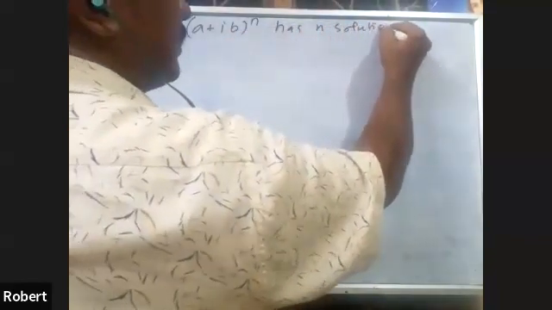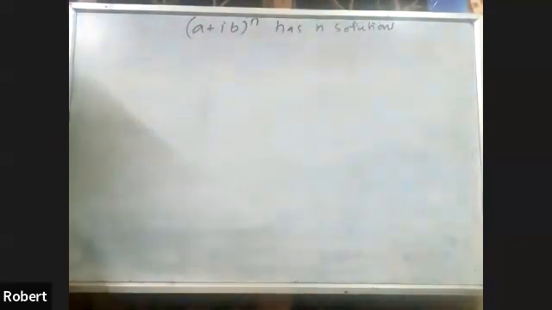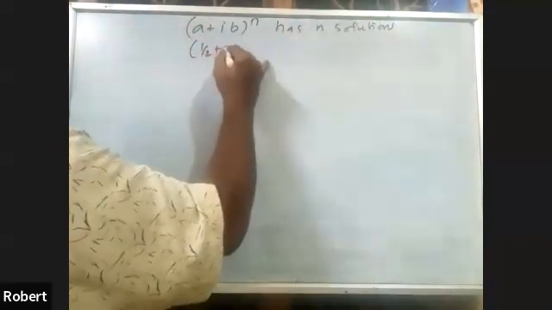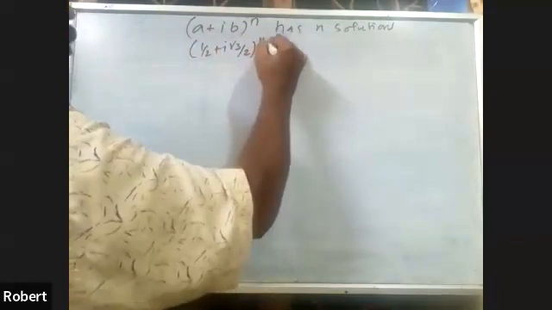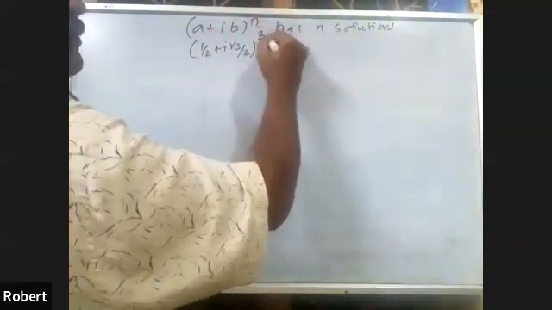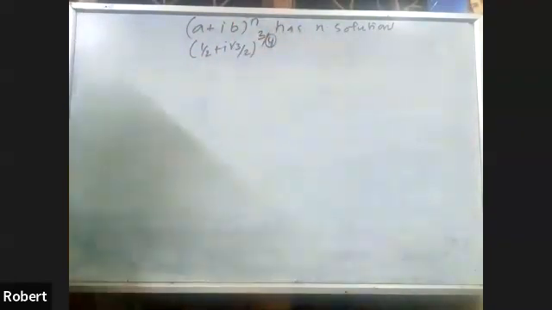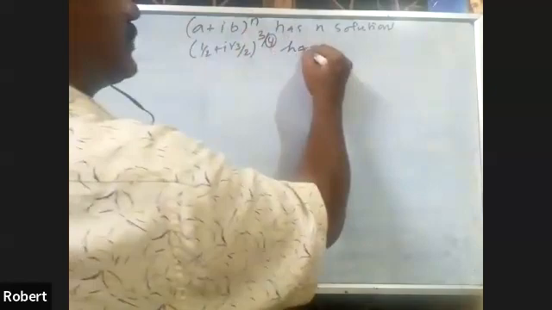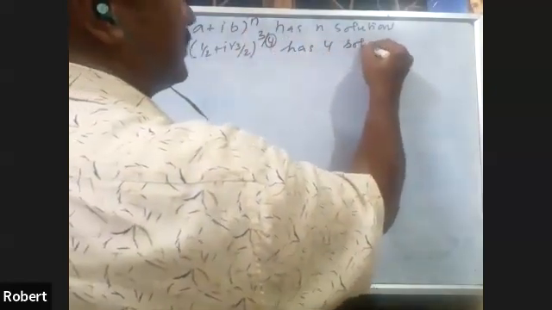Suppose we have the complex number 1 by 2 plus i root 3 by 2 whole power 3 by 4. If the power is given as a rational number, we have to consider the denominator. The denominator is 4, so it has 4 solutions.